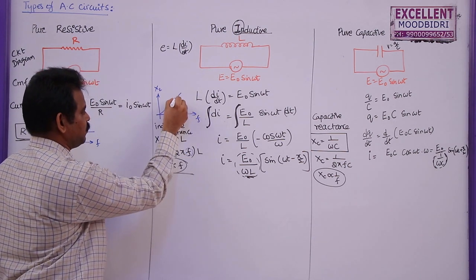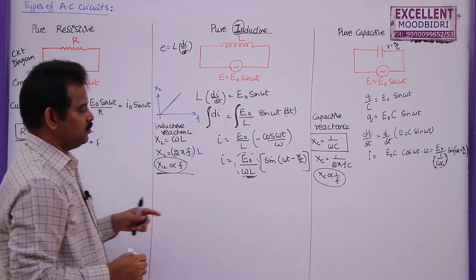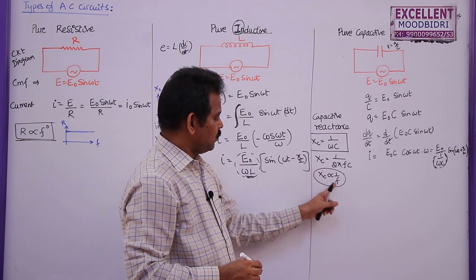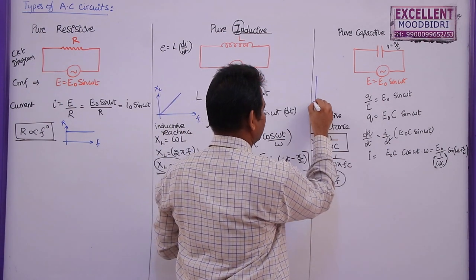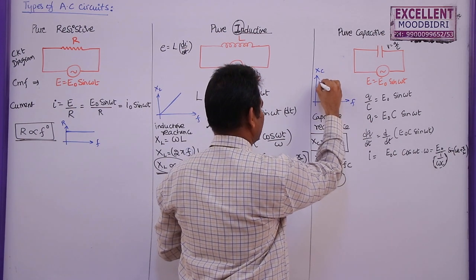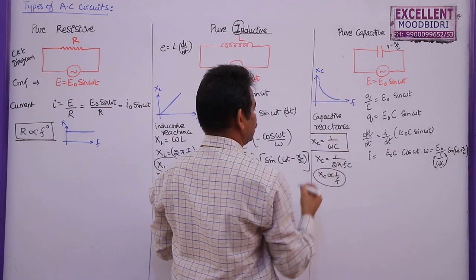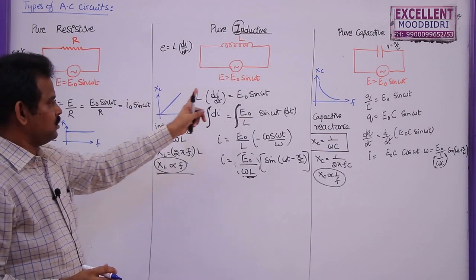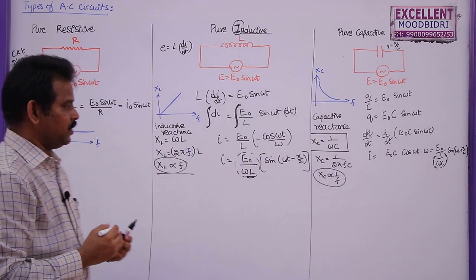So it is a straight line passing through the origin. Similarly, in this case, since frequency and capacitive reactance are inversely related, this is a rectangular hyperbola. So this is frequency, this is XC, and the corresponding graph will be like this. So these are the variations of resistance, inductive reactance and capacitive reactance with frequency.